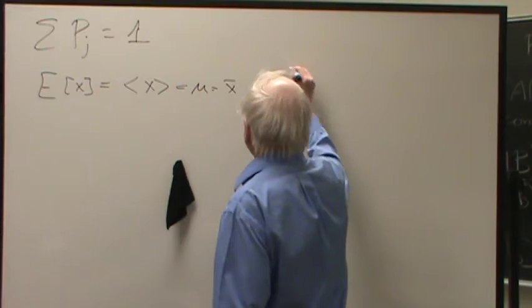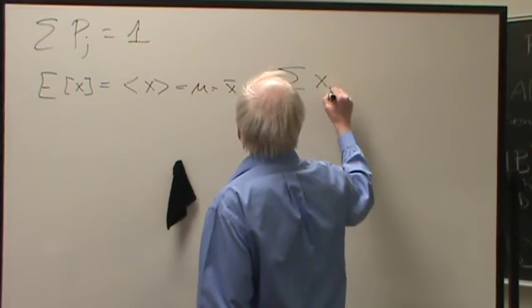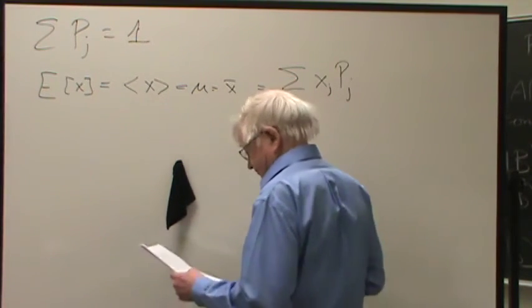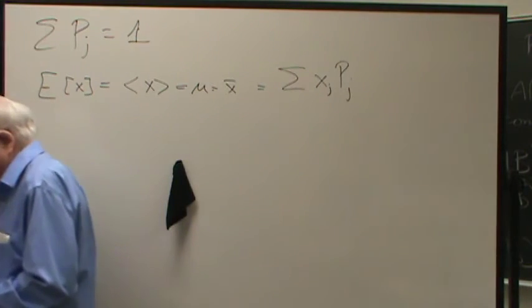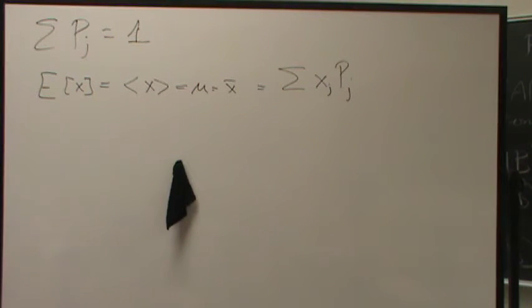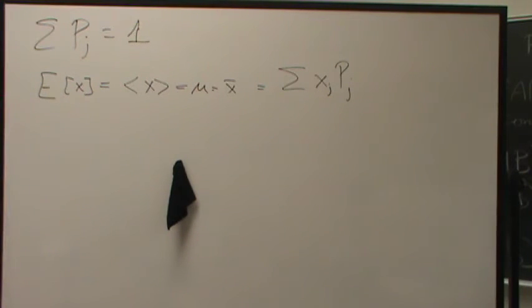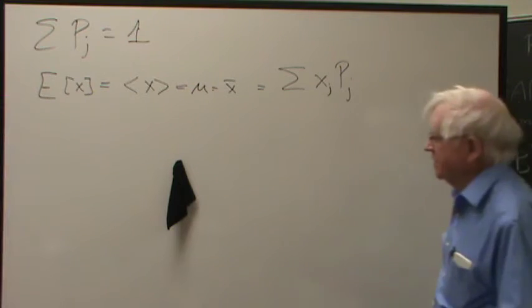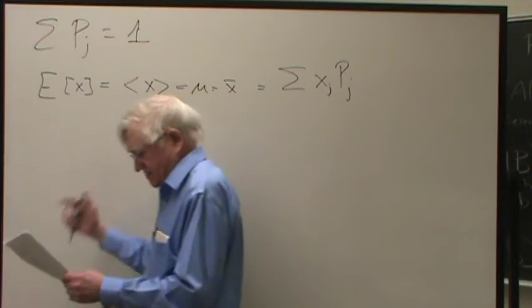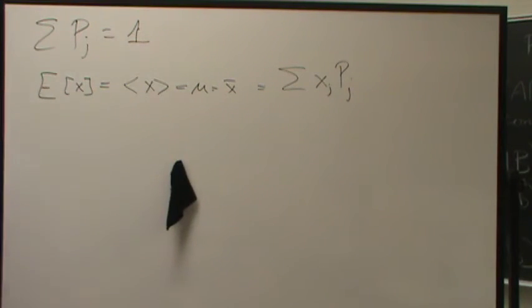And of course, what it is is the sum of xj pj. Unfortunately, because the people who taught Americans quantum mechanics had German as a native language, they call this the expectation value of x. That's kind of an abusive language. It should be called the mean value.